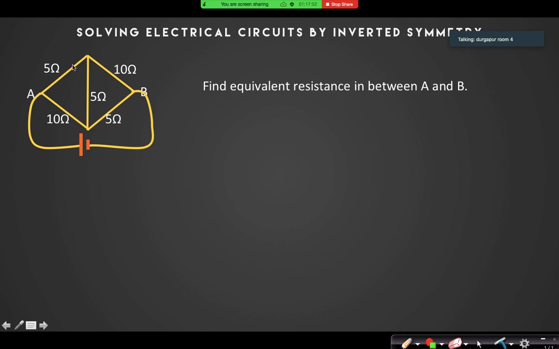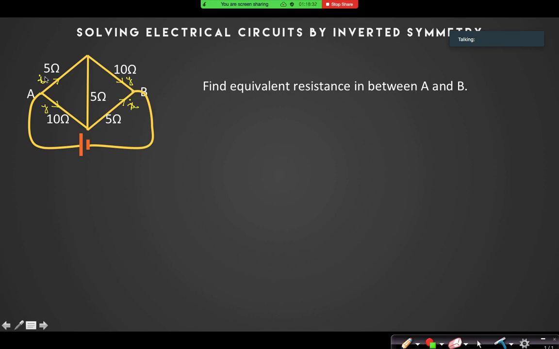If this is 5 ohm and this is also 5 ohm, I can say that if this current is I, then this current will also be I. And if this current is X, this current is also X. And if this current is Y, that current will also be Y. Because suppose if 10 ampere current has to be divided in this 5 and 10, then the same 10 ampere current has to be added in this 5 and 10.